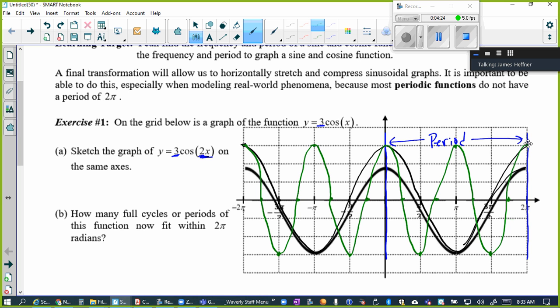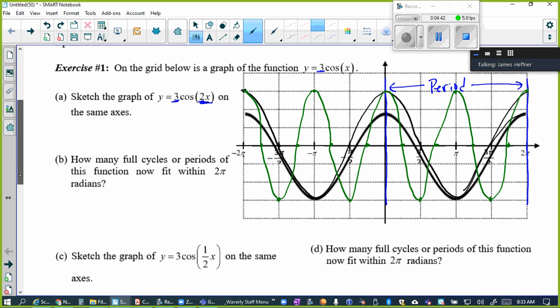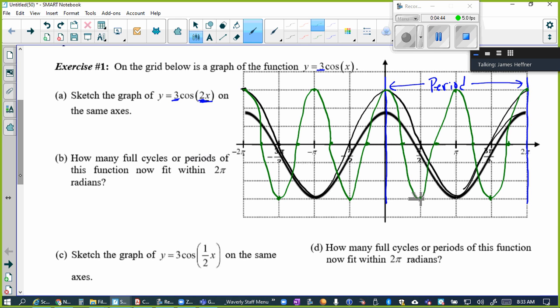Okay? So notice what happened here. If we look at this same single period from 0 to 2 pi, or 0 to 360, how many times does the cycle repeat itself? It will repeat itself twice. How many full cycles? 2 full cycles.